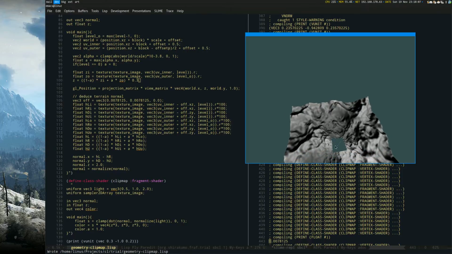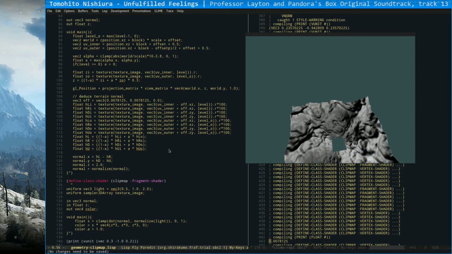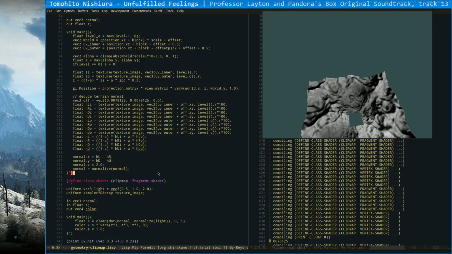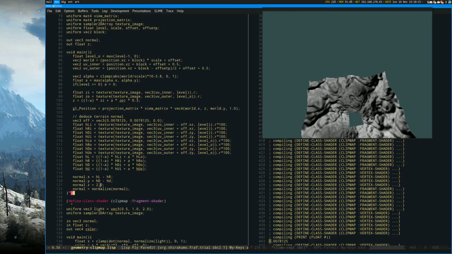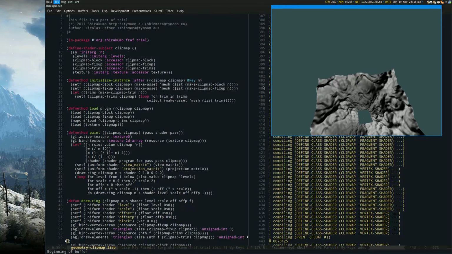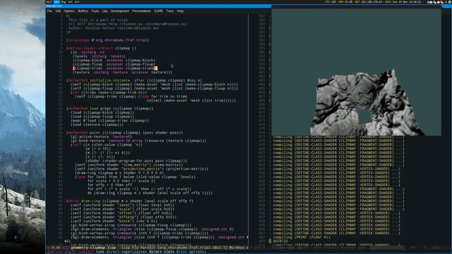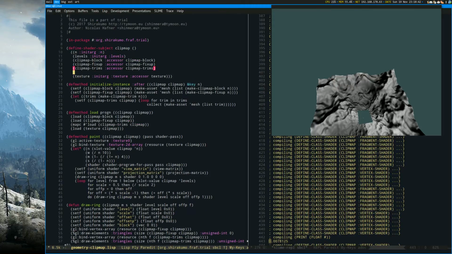Also, I guess we can fill the inner circle now. That's one last thing we can do, maybe. So, we need for that... Oops. Trims. Do we need the trims for anything? Oh yeah. Okay. Clipmap center.